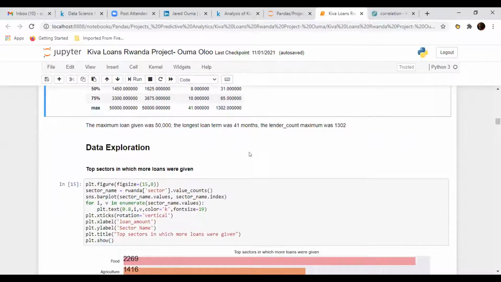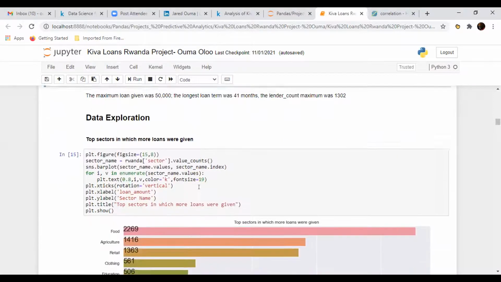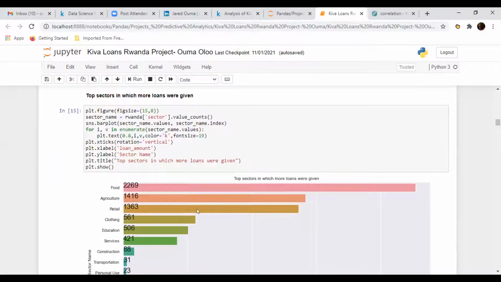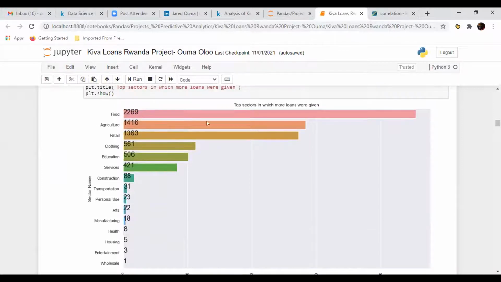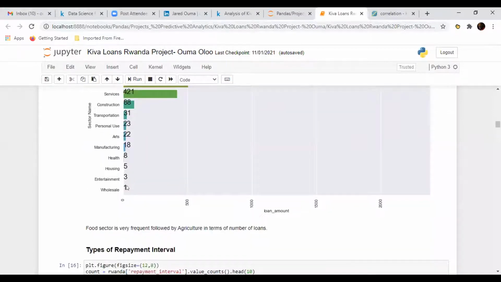Then after that, I moved straight away to data exploration. So I checked on the top sectors in which more loans were given during that period. I ran this, and we plotted the figure, and what we got here was that the food sector was topping. In that order, there was food, agriculture, retail, clothing, all the way down to wholesale.